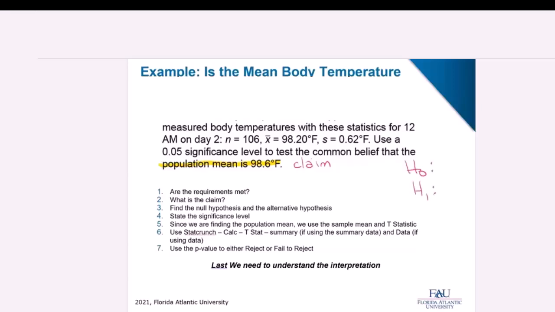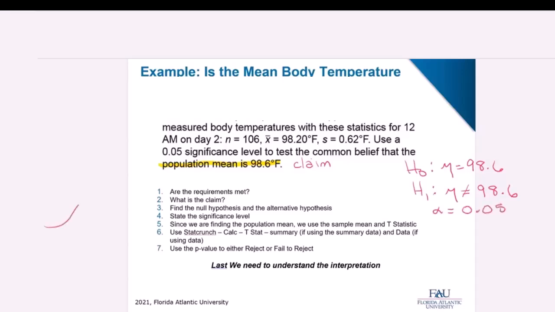Our null hypothesis is always the equal, 98.6. Our alternative, it's not saying less than, it's not saying greater than, it's actually saying that it's not equal to 98.6. This is a two-tailed test. Significance level alpha is equal to 0.05.